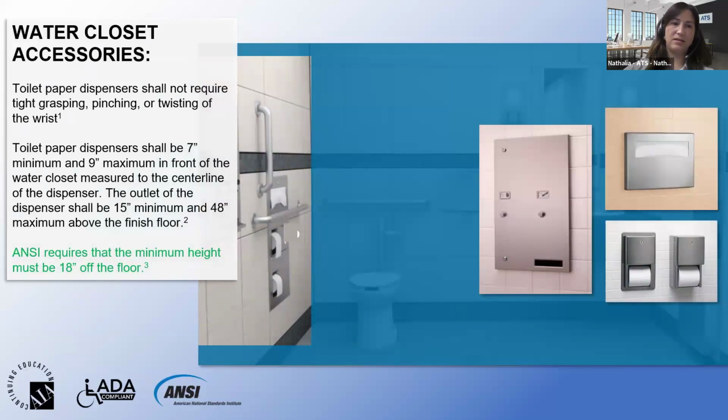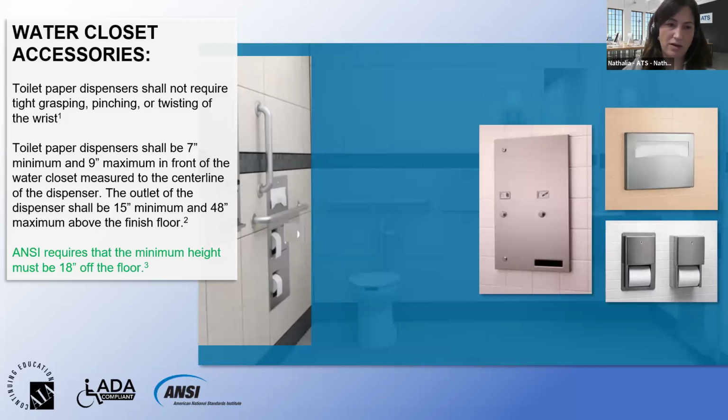The water closet accessories, again, the operable parts should be not more than 48 inches. The toilet paper dispenser should be 7 inches minimum and 9 inches maximum in front of the water closet. And the outlet for the dispenser should be 15 inches minimum and 40 inches maximum above the finished floor.